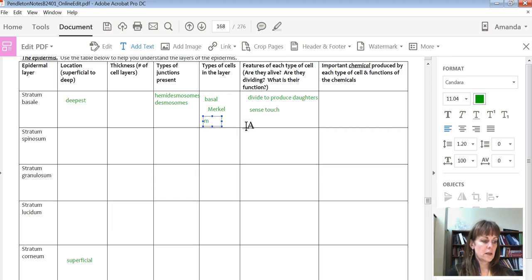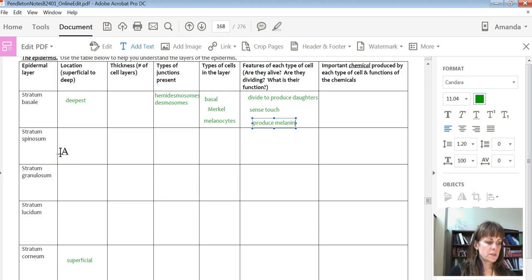The last type of cell we're going to have is going to be melanocytes. And these are going to produce melanin. Okay, and so these are the main cells that are going to be there, and we'll talk a little bit more about melanocytes and melanin in a couple of pages in your lecture.